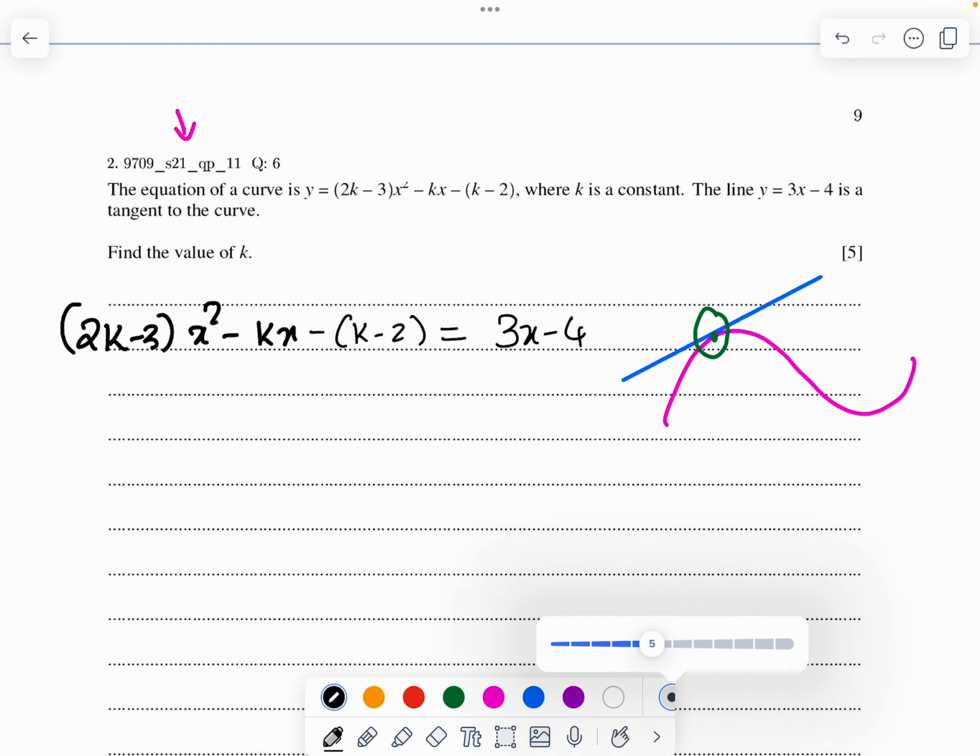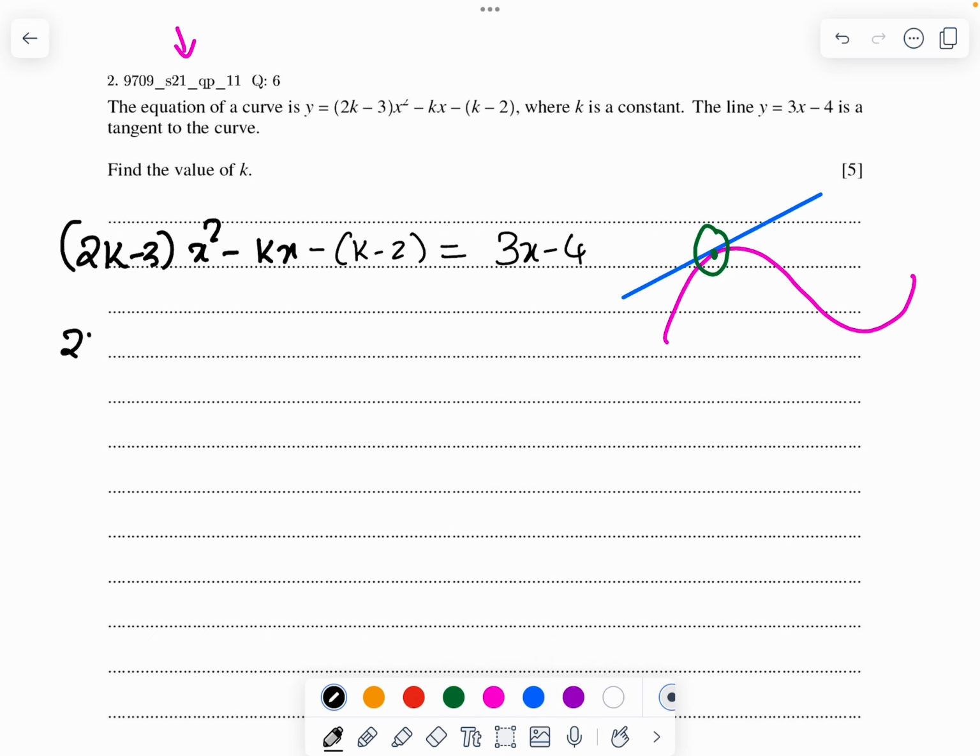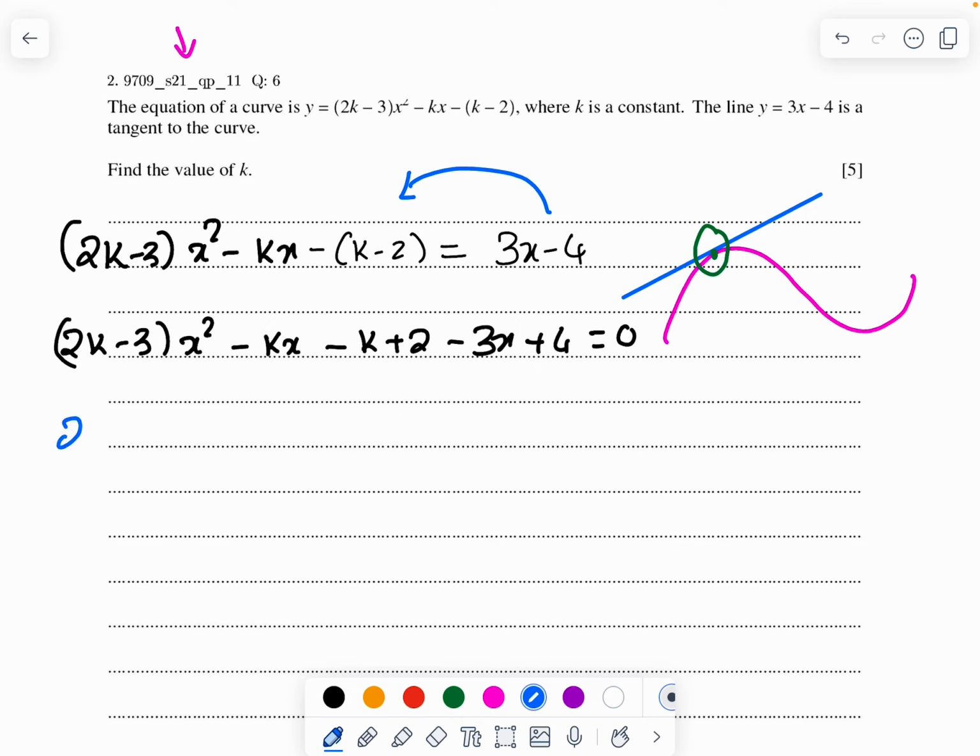When I equate both, further, 2k minus 3 times x square minus kx minus k plus 2 minus 3x plus 4 equals 0, bringing all the terms onto one side. The 3x, when I bring it to the other side, becomes minus 3x, minus 4 becomes plus 4.